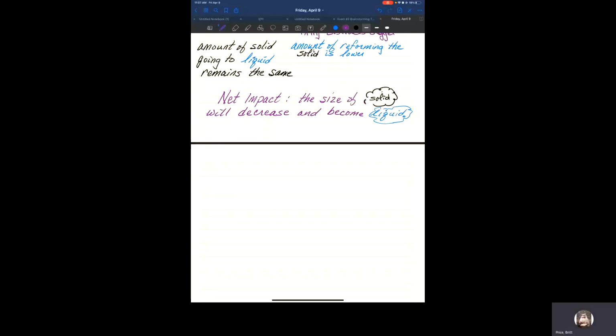Usually we're going to use an ionic compound. Liquid particles, because they're moving, are going to be able to interact more freely with this new ionic solid than the solid particles are.